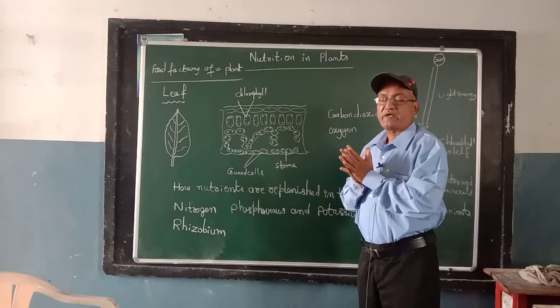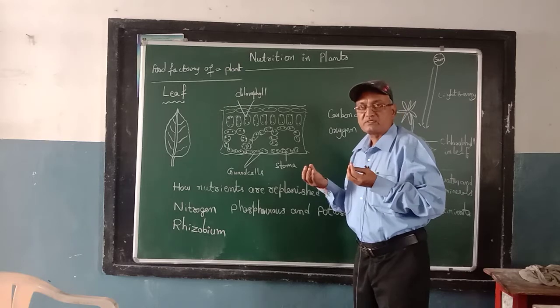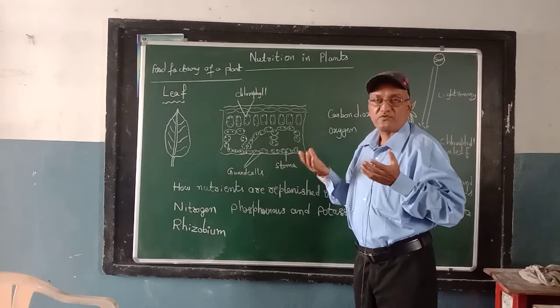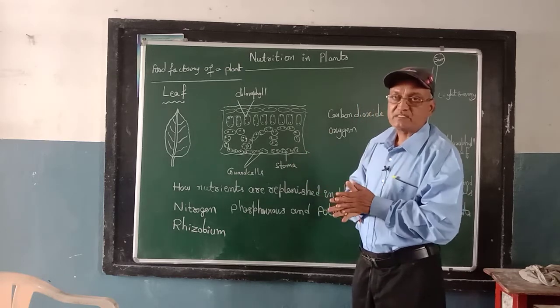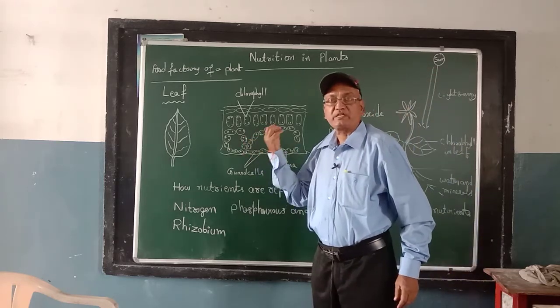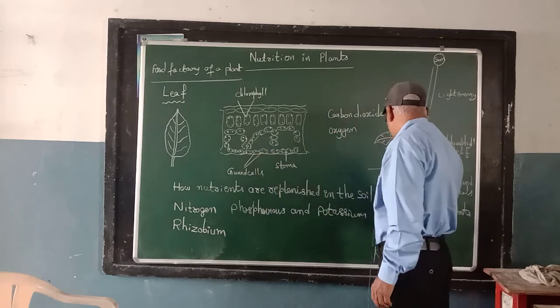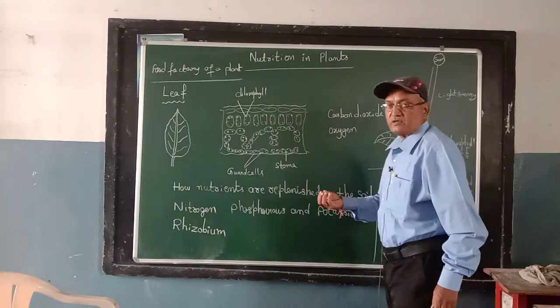Now as we know, farmers grow crops, different types of food grains, in the fields. The plants growing in the fields absorb nutrients and minerals from the soil.